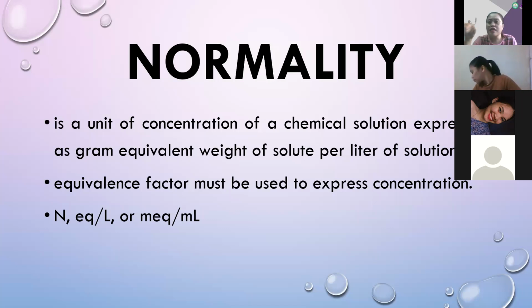And we use the symbol capital letter N for the unit. Minsan ang makikita niyo dito is number ng concentration, example 0.5 and then capital letter N. If that is capital letter N, that is normality. Okay? Or we call this normal. So example 0.5 normal hydrochloric acid.